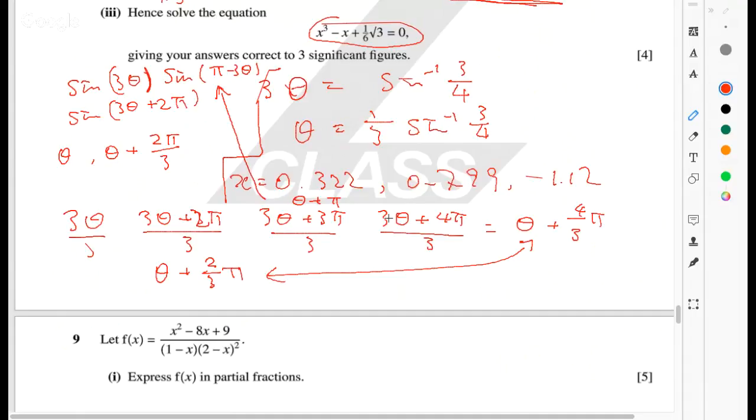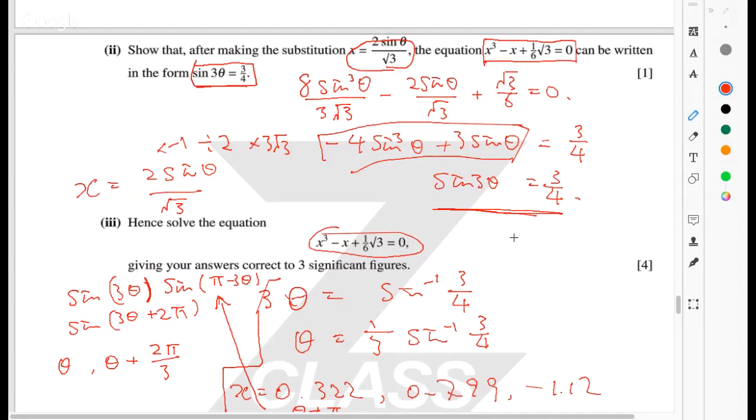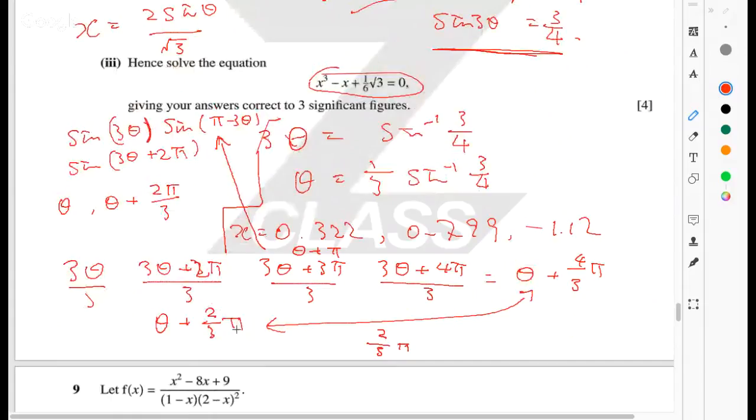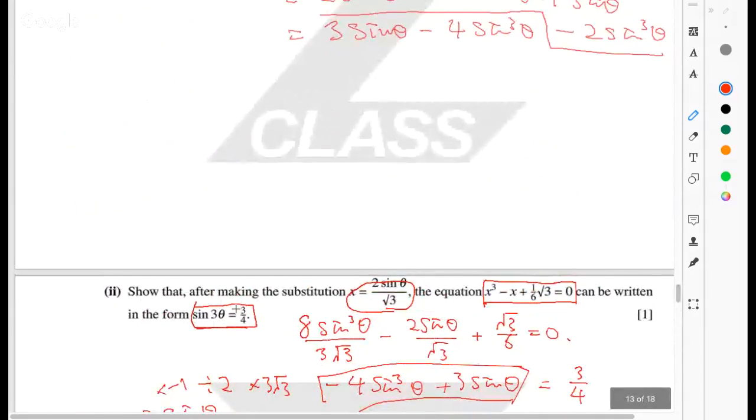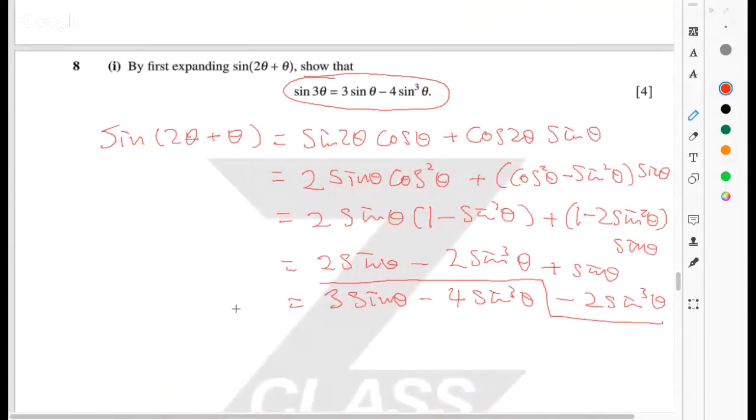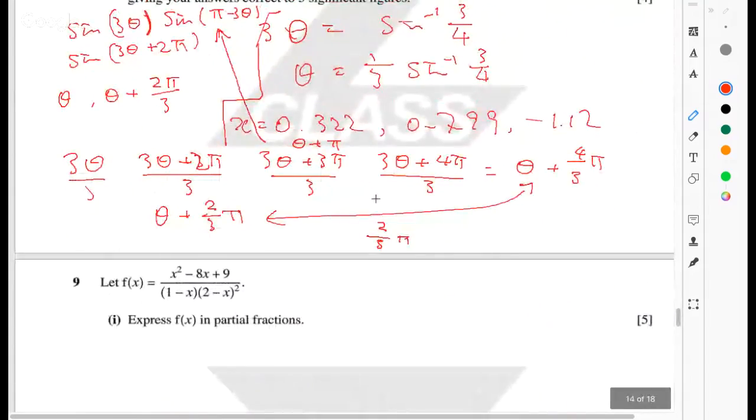Let's make some examples. What I'm trying to show here actually is that after a certain period, the roots do start to repeat, and that's when you know you need to stop.